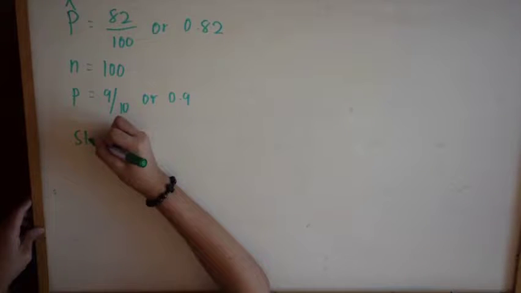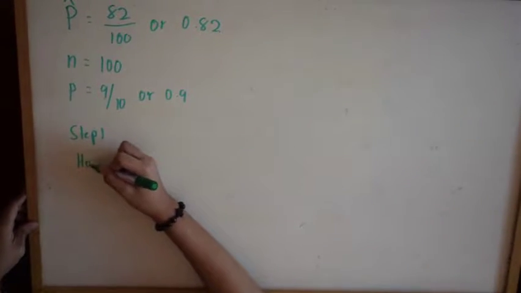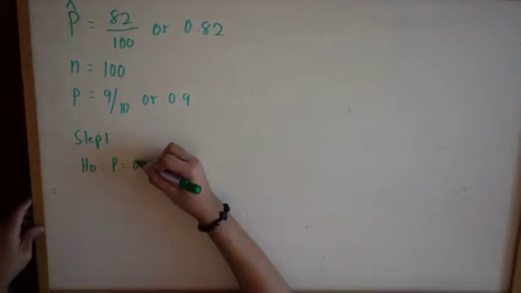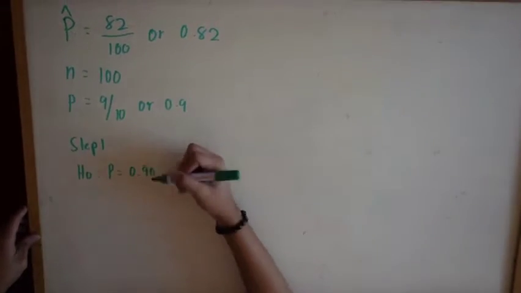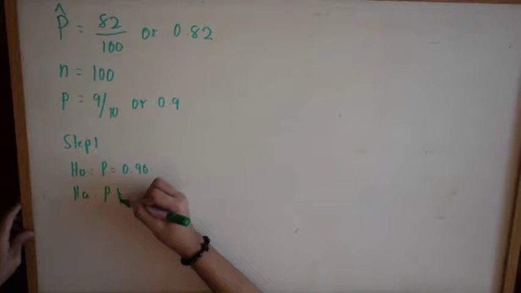So we begin with step 1, which is to define the null and alternative hypothesis. So our null hypothesis will be that p is equal to 0.90. Then our alternative hypothesis is that p is not equal to 0.90.